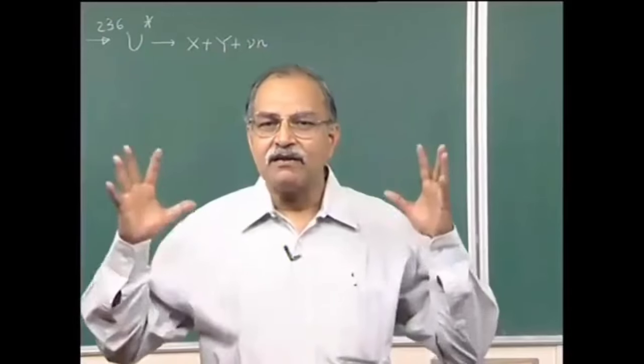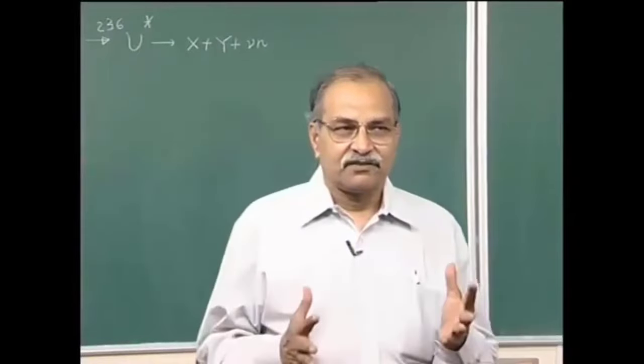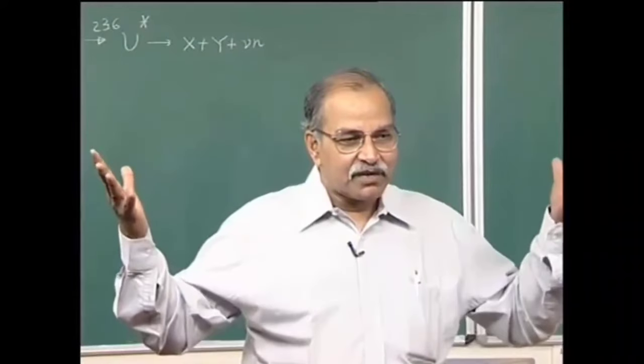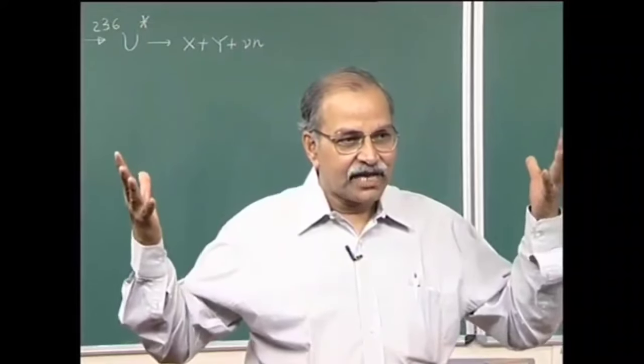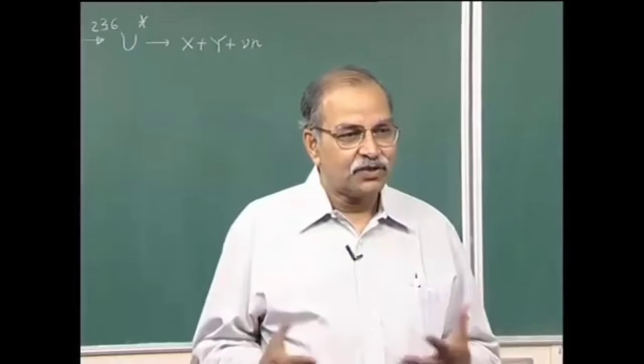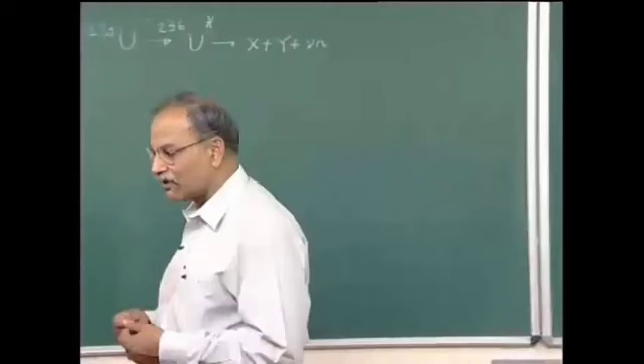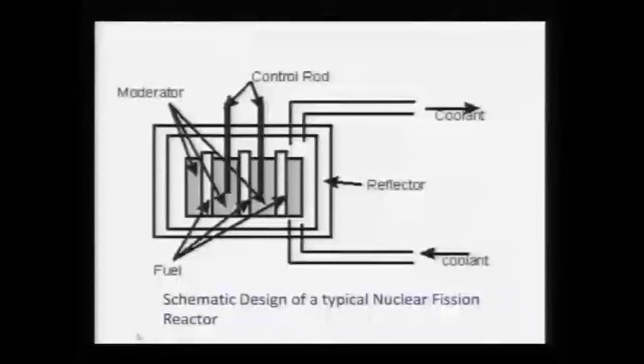Now, a typical fission reactor. That is now general knowledge, what a typical fission reactor is and what its components are, but still let me mention those typical words. So again look at the diagram. This is a schematic design of a typical nuclear fission reactor, and I am only showing the core where these nuclear reactions are taking place.